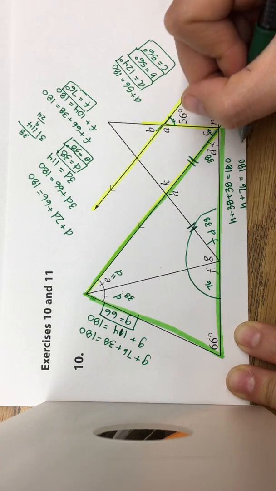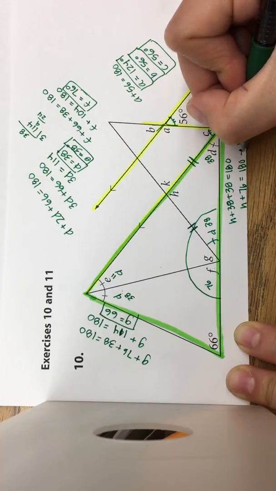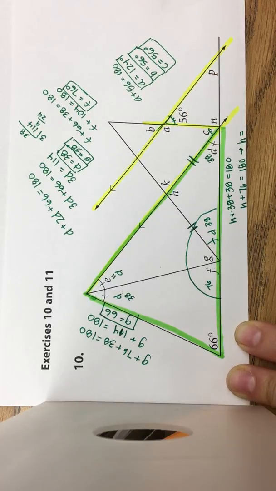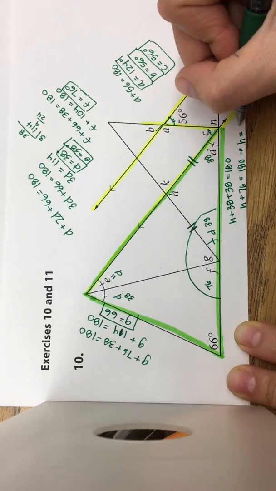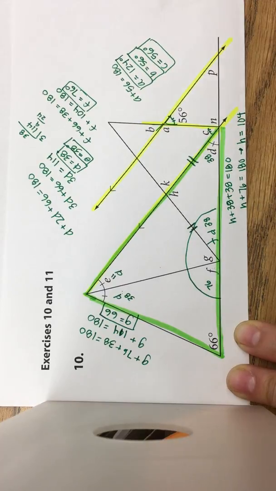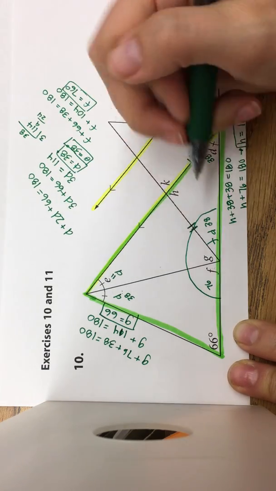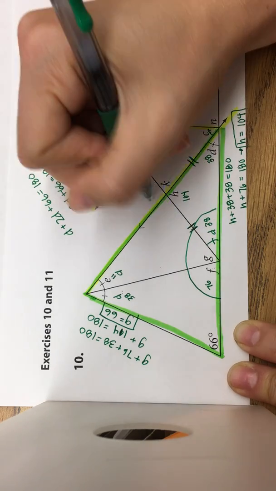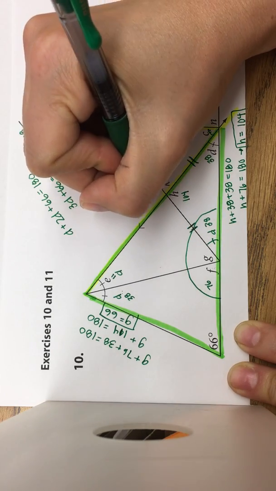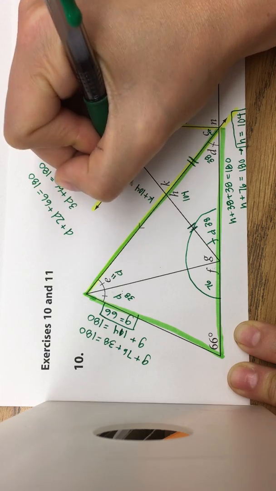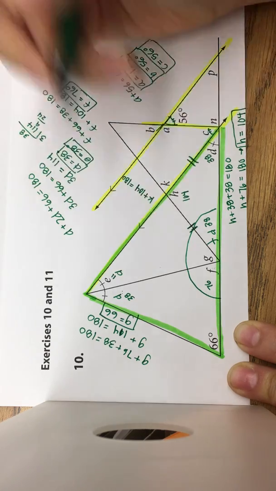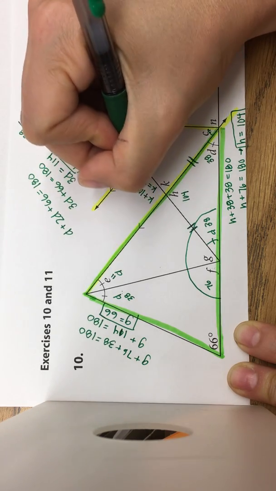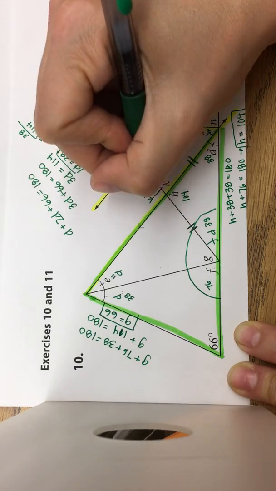So I'm going to subtract 76 from both sides, and I get H is equal to 104. That means I can find K. If H is equal to 104, K and H are a linear pair, so K plus 104 is equal to 180. Subtract 104 from both sides, so K is equal to 76.